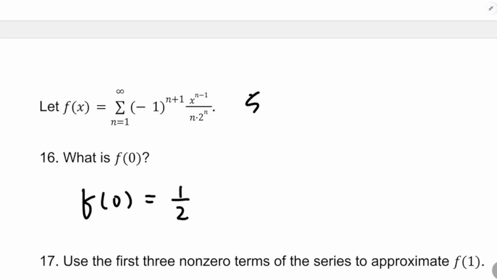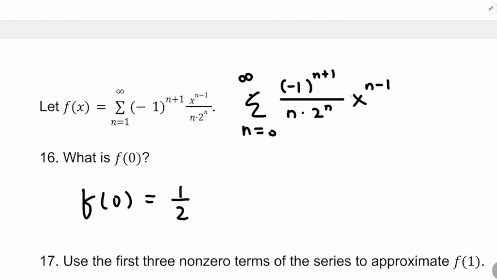Let's say this is really the sum going from 0 to infinity of -1 to the n plus 1 over n times 2 to the n, I see it now, times x to the n minus 1. And when I look at it like that, I think it's a little easier to see. What I do when I antidifferentiate is I add 1 to the power of x, and I divide by the new power.